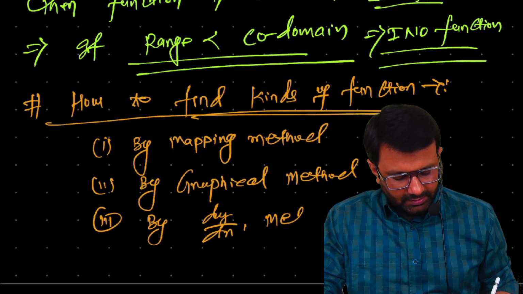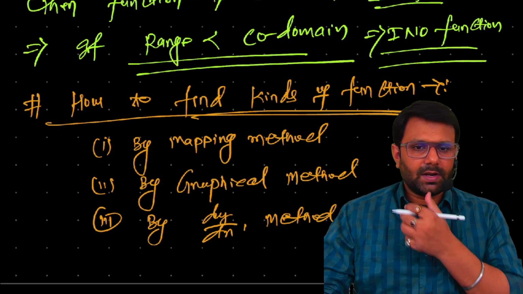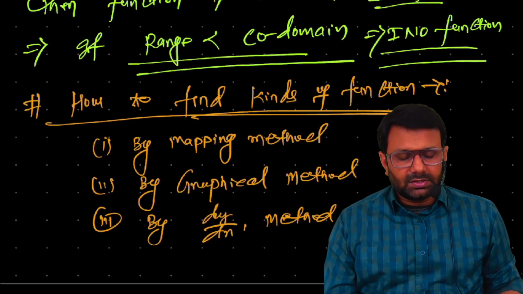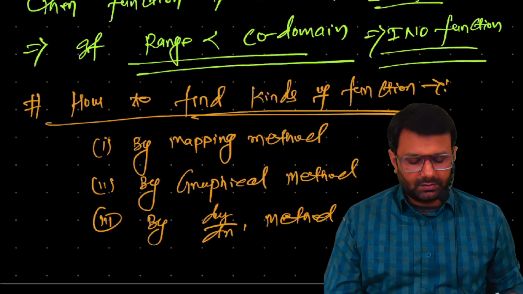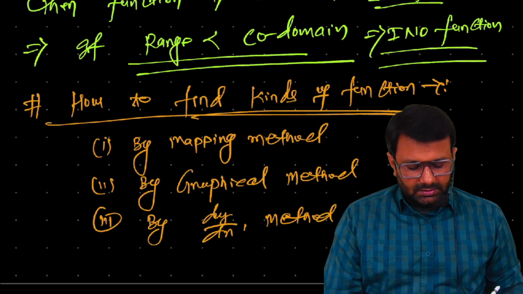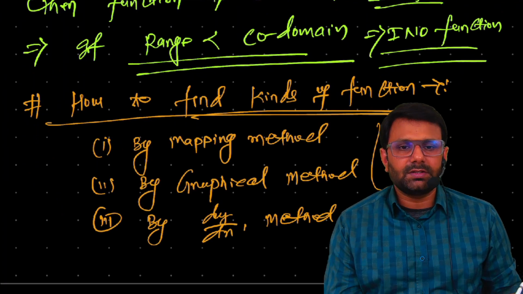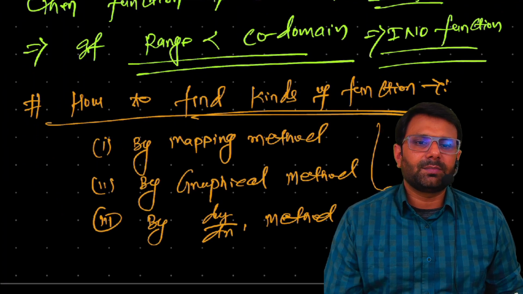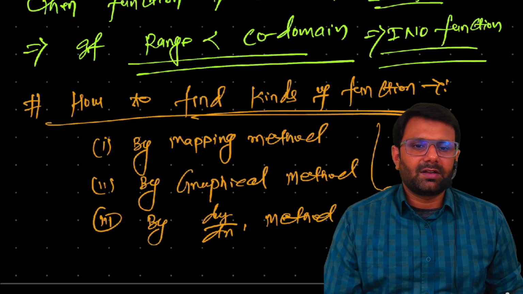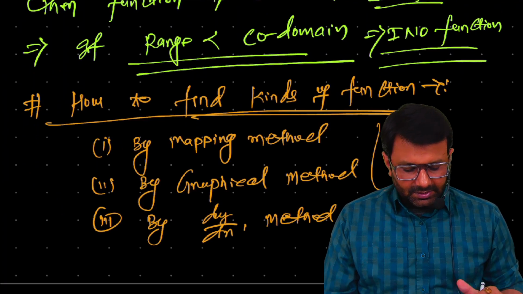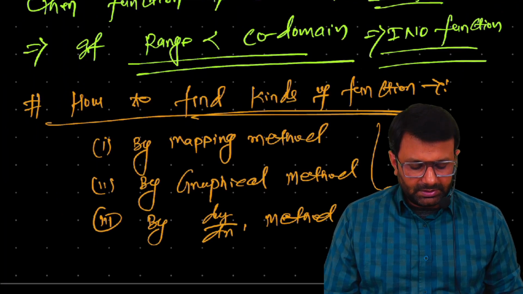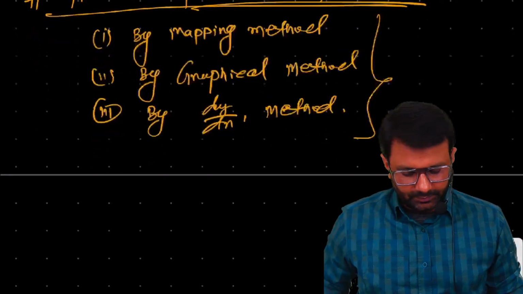I will discuss mainly these three. Mathematically you can also derive kinds of a function, but I will discuss these three methods. So first is the mapping method.